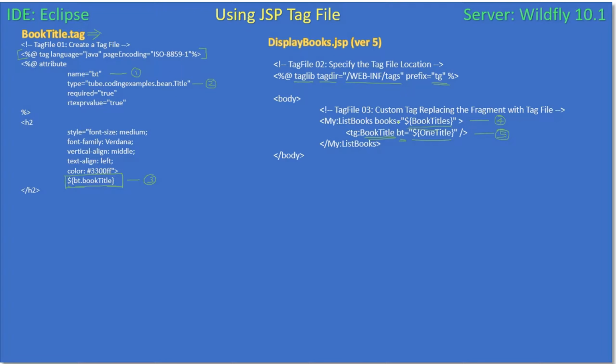So inside my list books tag, we have one more tag, the book title tag, that receives an attribute bt. All right, so now we saw how the JSP coder defined his part of the work. He or she defined a tag file and a JSP file.